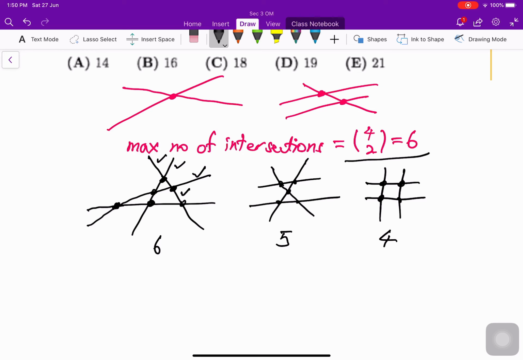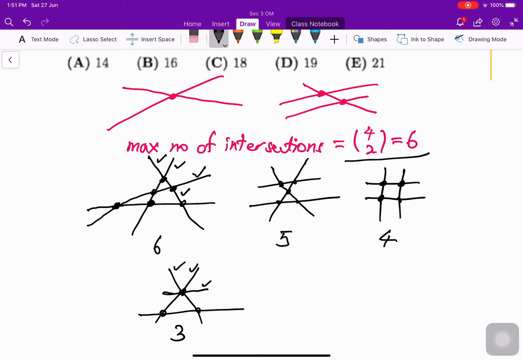In this case, you have one here and then one here. Therefore, 1, 2, 3 intersections, and this particular point lies on this line, this line, and this line, so it lies on 3 lines.